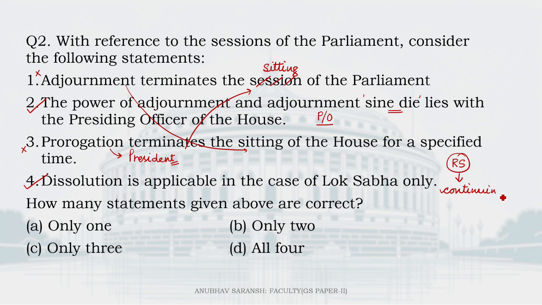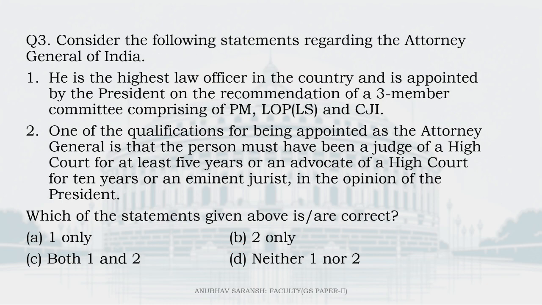So Rajya Sabha as a house is never dissolved, it continues. The members might keep on changing, and even the members do not change all at one go. 1/3 members retire every 2 years. So 2 and 4 are correct. How many statements are correct? B, only 2. Moving on to question number 3.